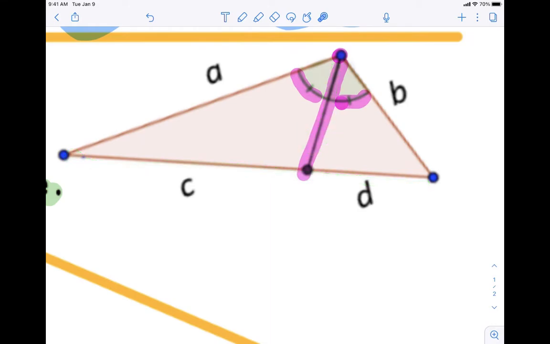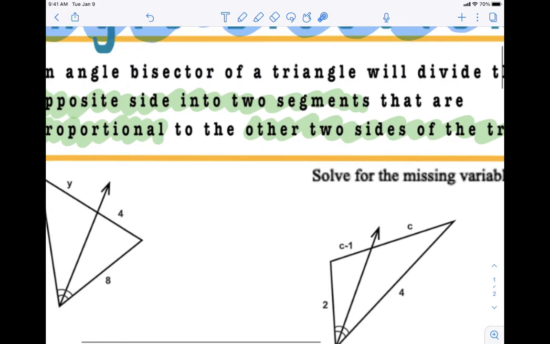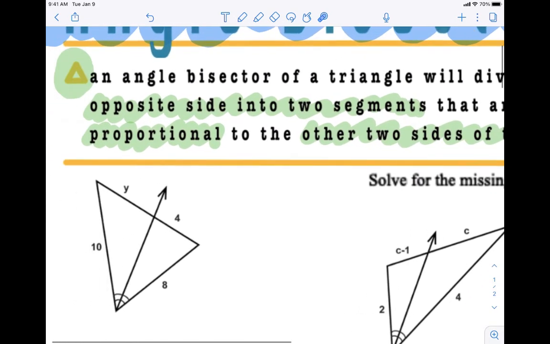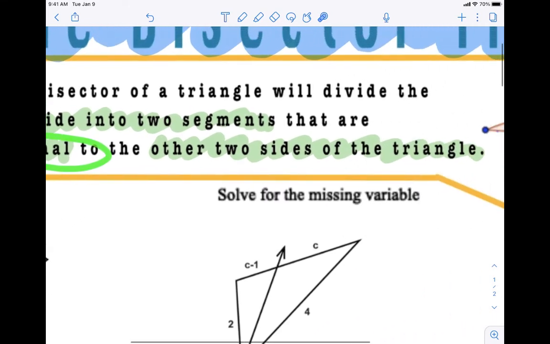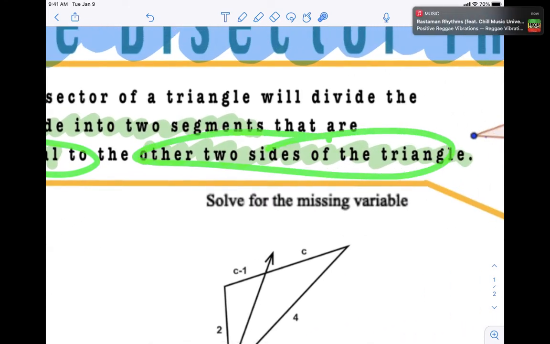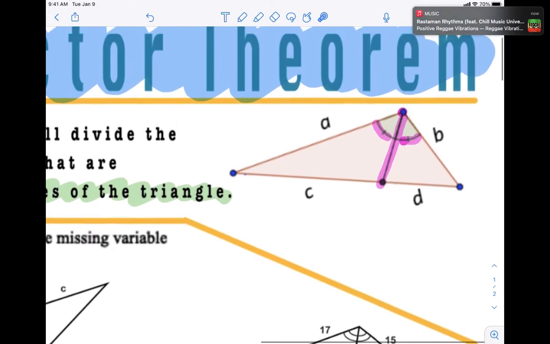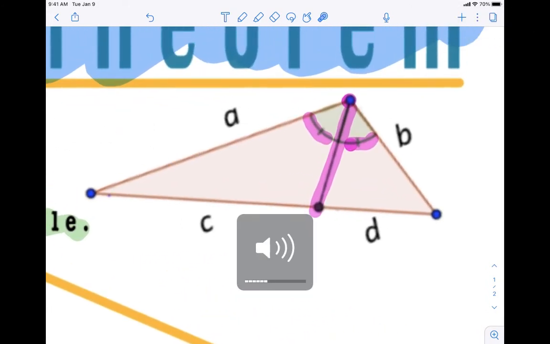It creates it into 2 segments, which is from here to here, which is segment C, and from the center to the other side, which is segment D. Okay, into 2 segments proportional to the other 2 sides of the triangle. Well, the other 2 sides are A right here, that's one side, and B, that's another side.